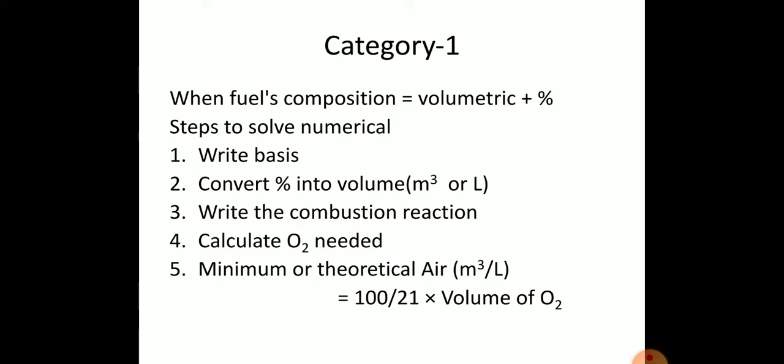These steps are: write the basis, convert percentage into volume, meaning meter cube or liter, write the combustion reaction for each and every component, calculate the oxygen needed, and the minimum or theoretical air in meter cube or liter is equal to 100 upon 21 into the volume of oxygen. Put the value of oxygen here, and you will get the answer.